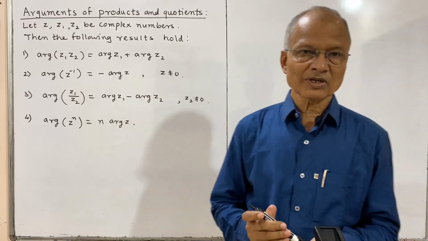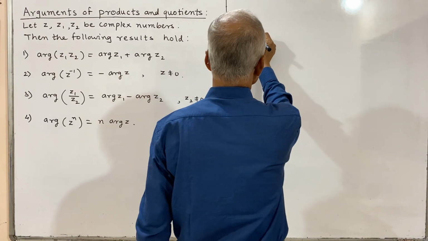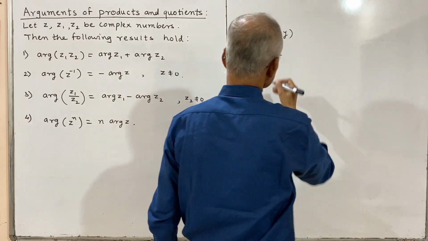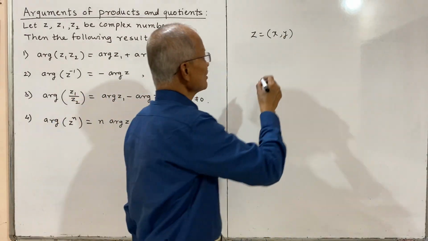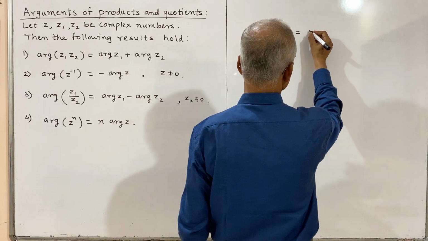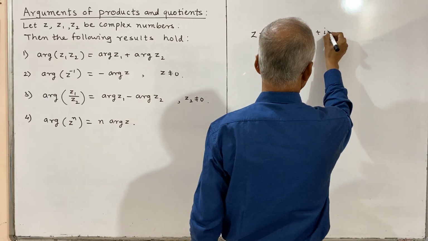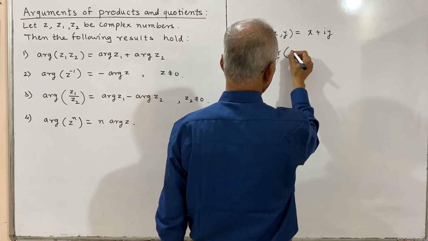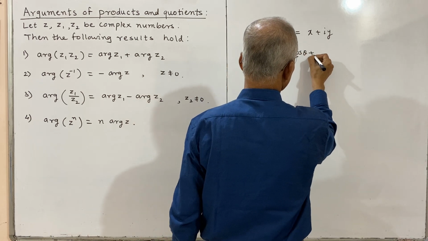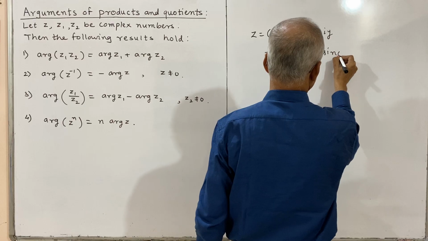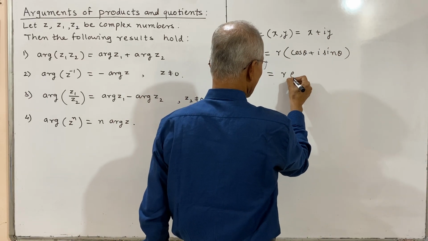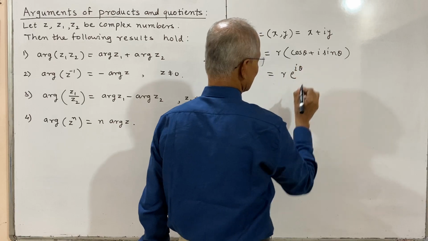Suppose a complex number z, which is an ordered pair (x, y), can also be written as x plus i y, or in polar form it is expressed as r (cos theta plus i sin theta), or in exponential form as r e power i theta.